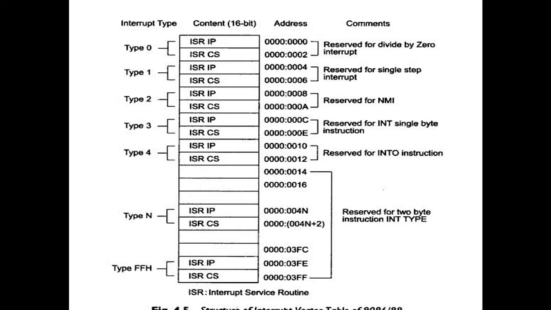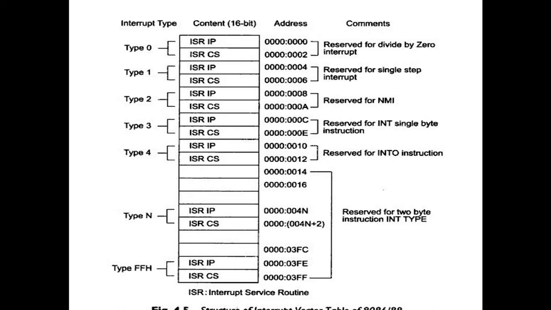Here we can see that type 0 is reserved for divide error, type 1 for single step, type 2 for NMI, type 4 for INTO, and type 3 is the INT single byte instruction. The remaining are reserved for 2 byte instructions, that is the different INT n instructions.